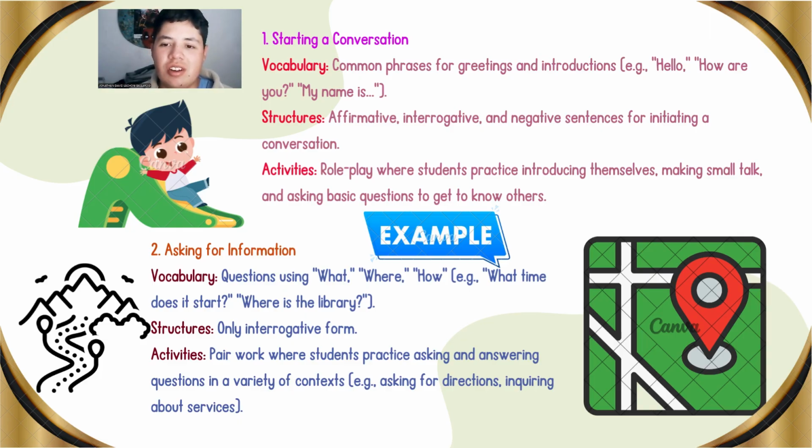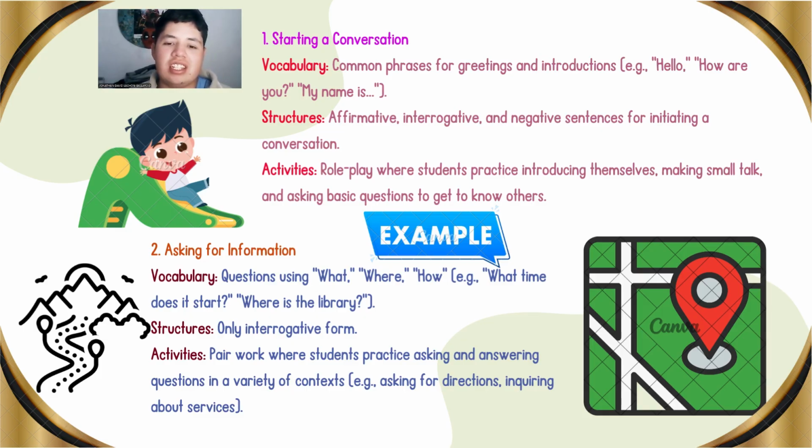As for the structure, we should know the three basic forms of sentence: affirmative, negative, and interrogative, the same structure that we learn in school in English. With that, we can start. It is recommended that as a class activity, students practice these simple sentences to start any conversation.